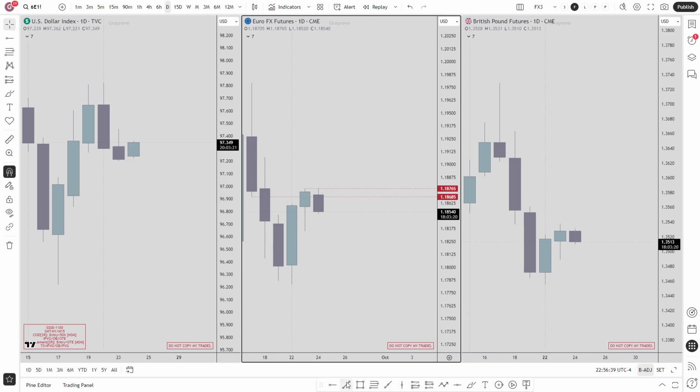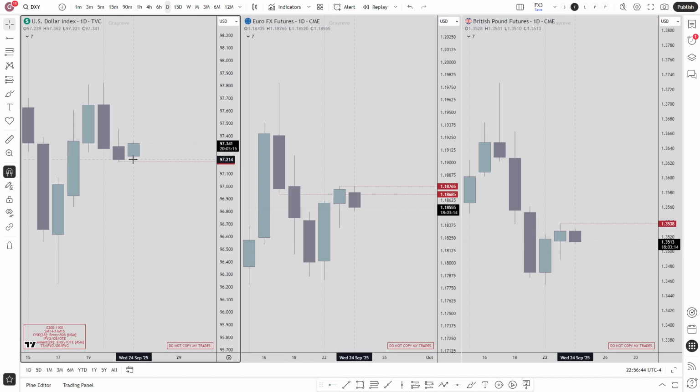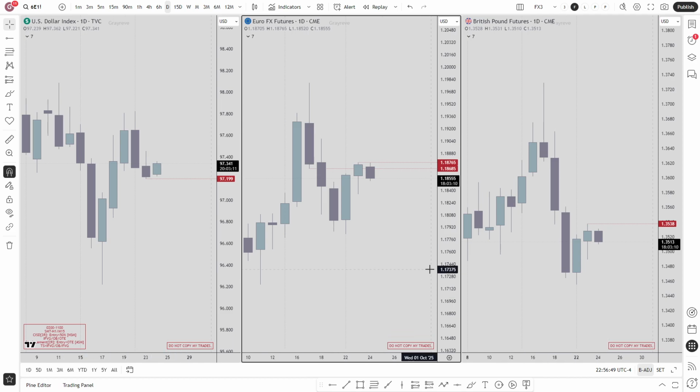It's the same high right here. In a perfect world, we're going to see a retracement on Wednesday and then continuation higher on Thursday, due to the fact that we are disrespecting bearish PD arrays.